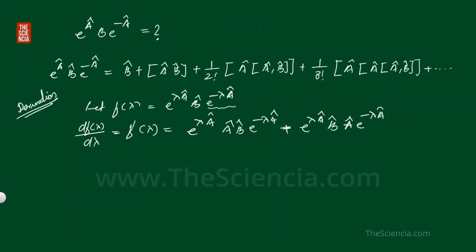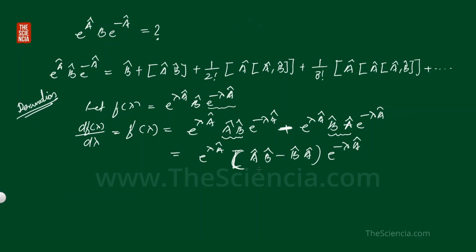Okay, that minus I am taking here. So I can write this as, see, ab minus ba. The other terms are same. So e raised to lambda a into the bracket ab minus ba, just a bracket, into e raised to minus lambda a.